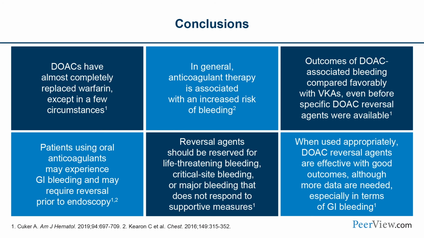Reversal agents should always be reserved for truly life-threatening bleeding or critical site bleeding or major bleeding that does not respond to supportive measures. And when used appropriately, the specific direct oral anticoagulant reversal agents have been shown to be effective with good outcomes, although more investigation is needed, especially in terms of GI bleeding. It's also super important to note that PCCs, which are widely used to reverse direct oral anticoagulants, in fact, are not reversal agents, and there's actually very little evidence that they're effective.